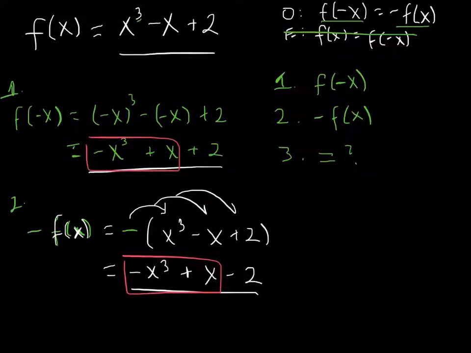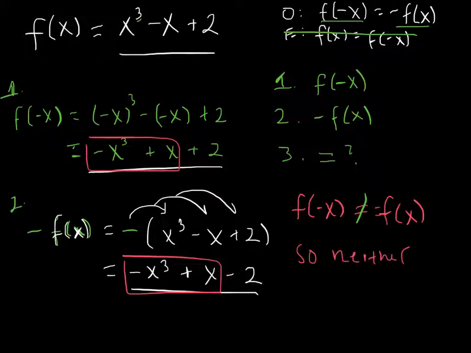So my conclusion over here would be that f of negative x is unequal to negative f of x. So neither odd nor even. Alright? Good. Hope this was helpful.